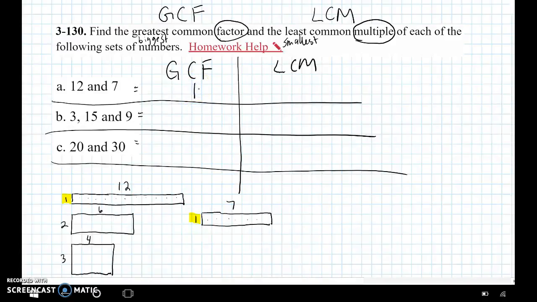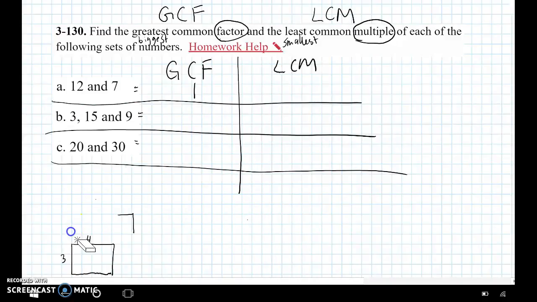So for 3, 15, and 9, what is the greatest common factor of those? Some of you that are better with your multiplication facts might just say, okay, what are the factors of 3? What times what makes 3? So you could say 1 times 3. Is there anything else?